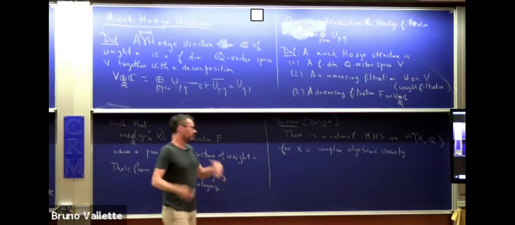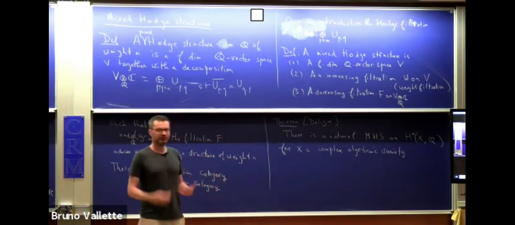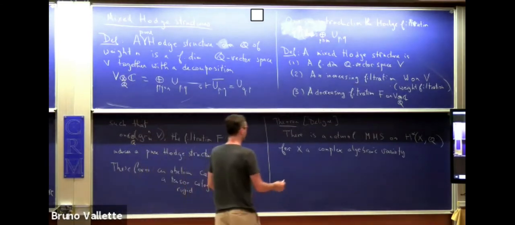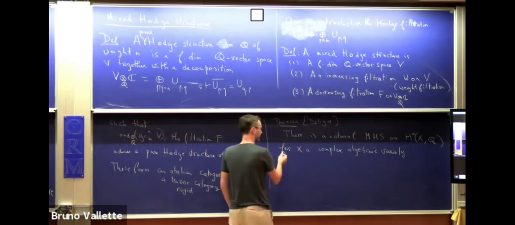What I mean by natural is that maps of algebraic varieties will induce maps of mixed Hodge structures. And this structure is also compatible with the cup product.